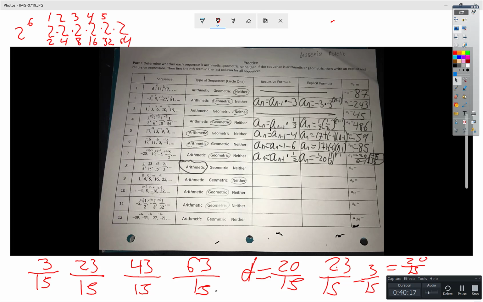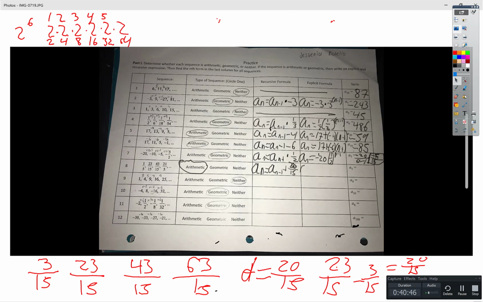Each term is equal to the previous term, a n minus 1, plus 20/15.